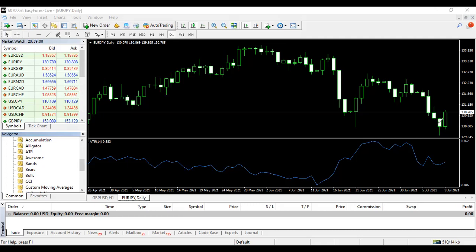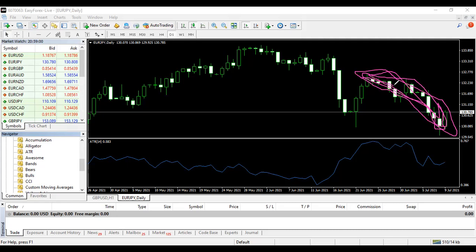So the past 14 candles: this is 1, this is 2, this is 3, 4, 5, 6, 7, 8, 9, 10, 11, 12, 13, 14. The past 14 candles, this indicator is calculating whatever number it's giving you based on the past 14 candles, if it is on daily time frame.